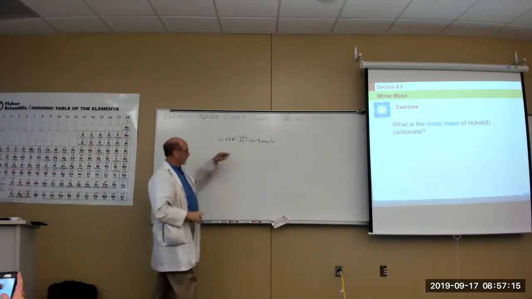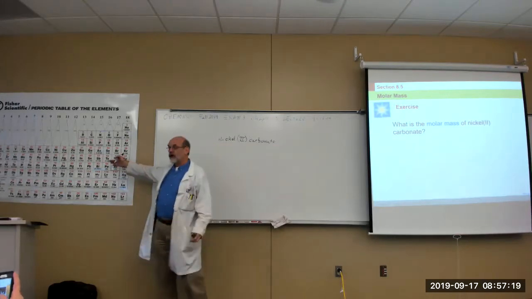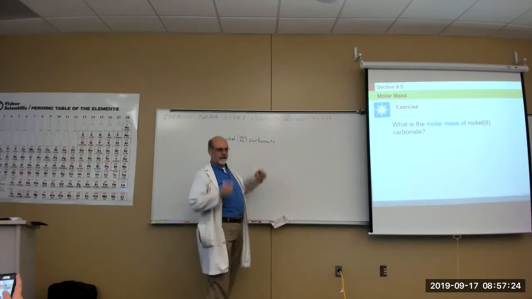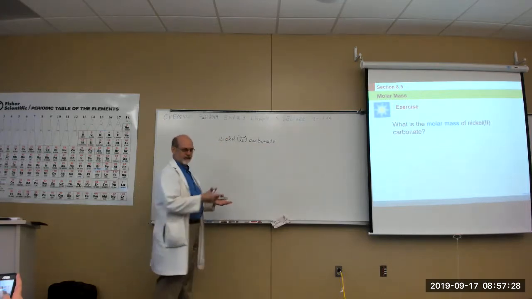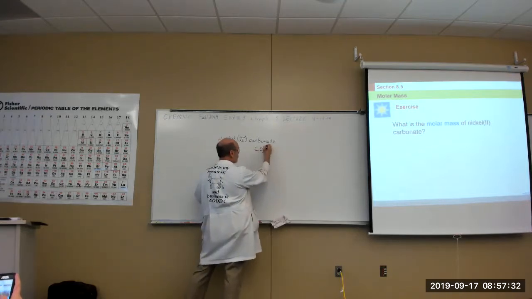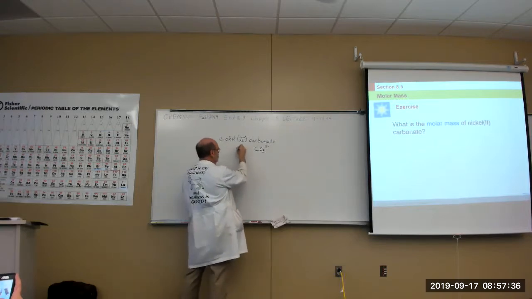So that's valid. And then carbonate is nowhere on that chart, right? Carbonate is polyatomic, so you've got to look in your list that will be on the exam. Yeah, it's CO3 with a 2 minus. And nickel, of course, has a charge that's given to you, 2 plus.